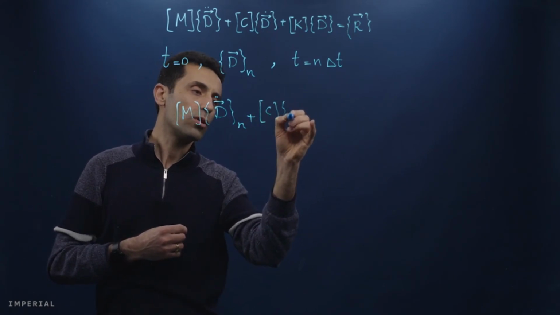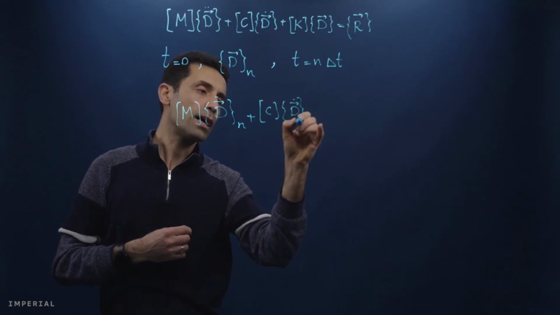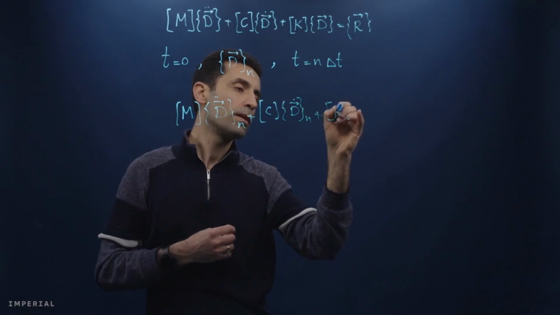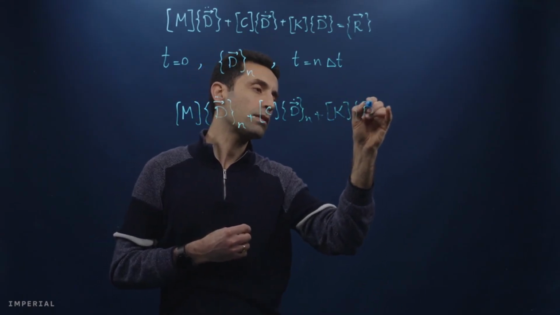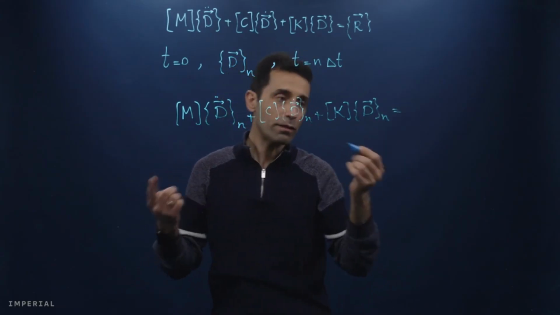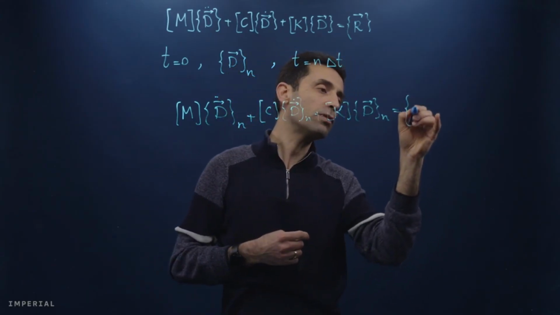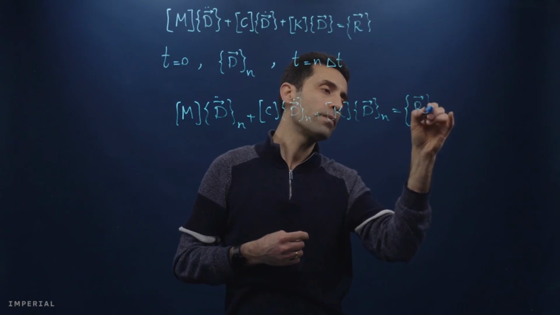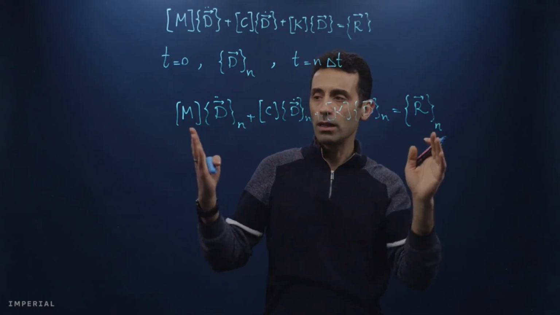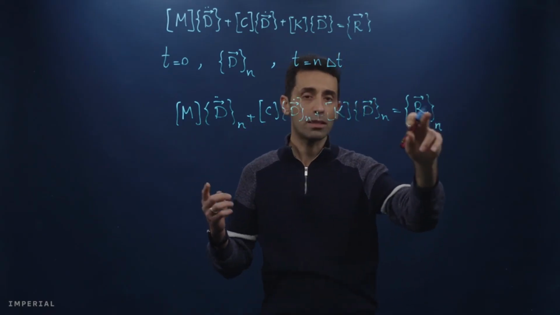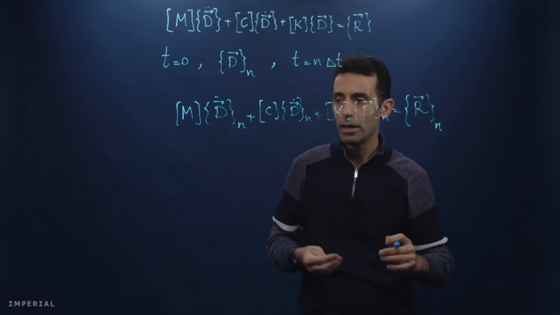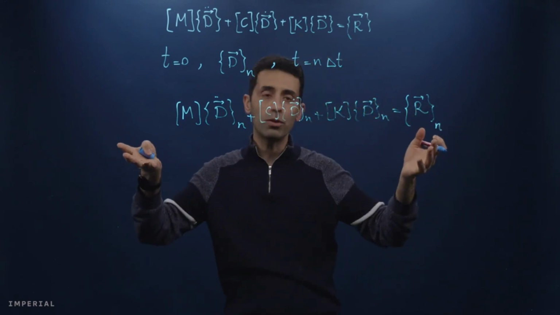This is the vector of nodal velocities at time n, and this is the vector of nodal displacements again at time n, equals, again as I mentioned, forces can change with time, so external forces, when they change with time. For this equation, we are concerned about time t, which is n times delta t, so this is Rn. So this would be our equation of motion.